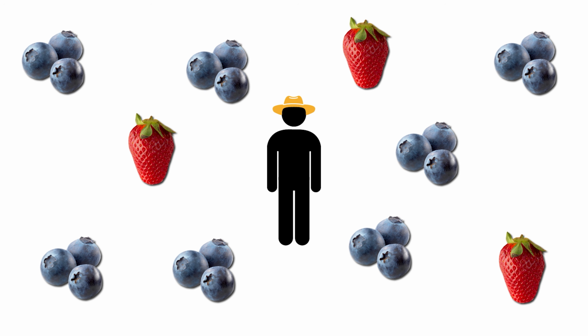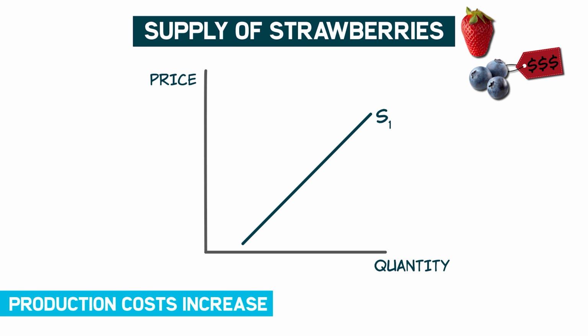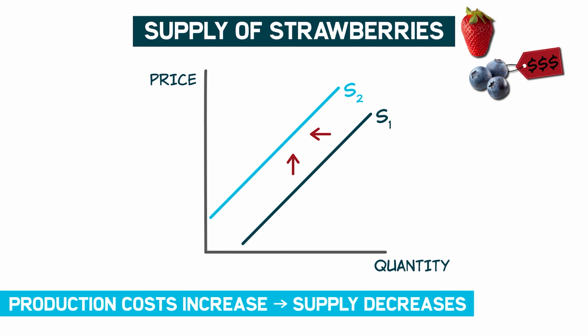Farmers are now willing to supply fewer strawberries because they're growing more blueberries. So the supply curve shifts to the left. The higher price of blueberries increases the opportunity cost of growing strawberries, which reduces the supply of strawberries and shifts the supply curve up.